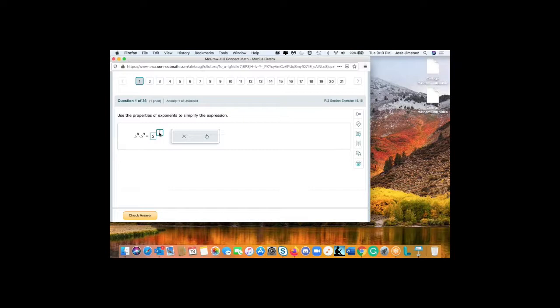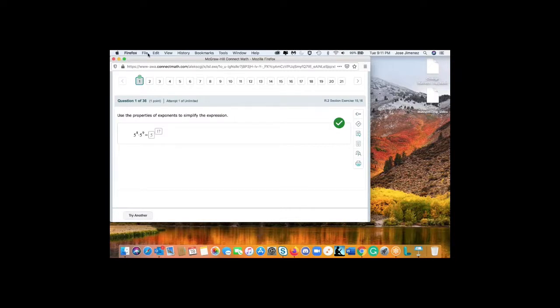So 8 plus 9 is 17. Just remember I'm adding the exponent and I place the same number, the base. The exponent tells me that I have to multiply the base 17 times in this case, which is a lot.